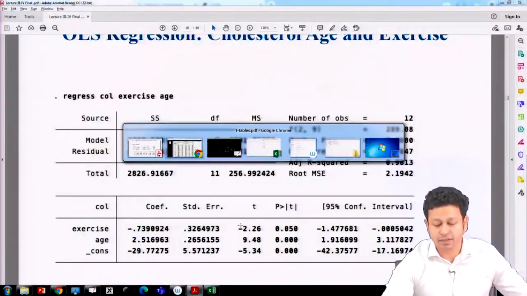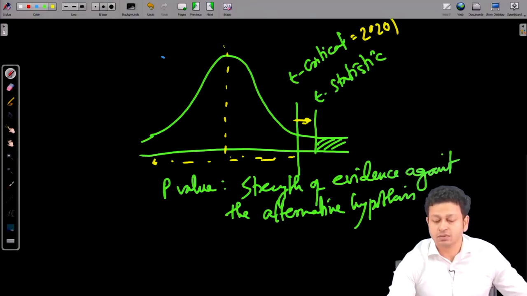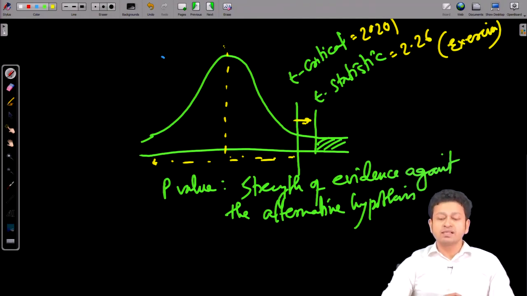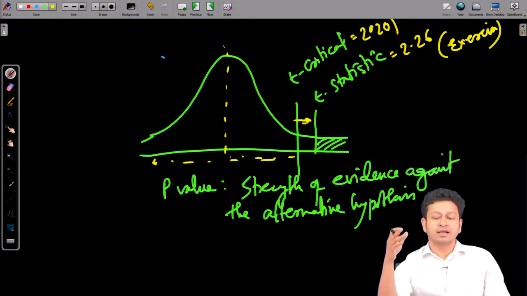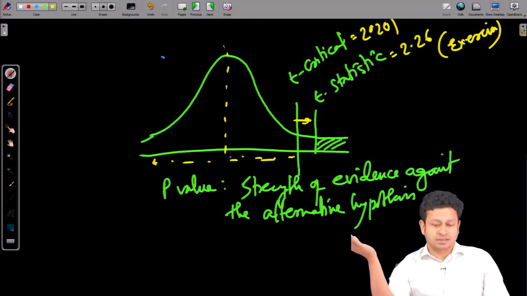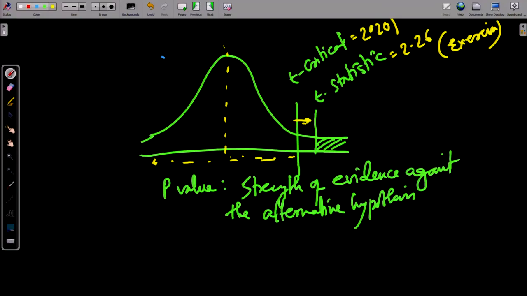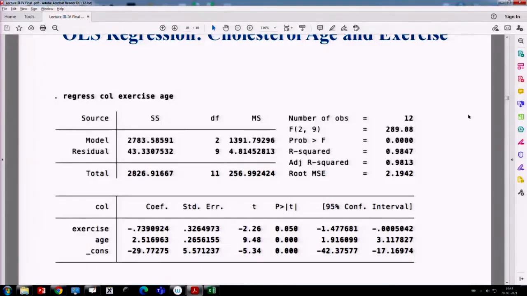So it is falling somewhat to the right of the t critical, and the moment it does, I will reject my null hypothesis. And how do you get the p-value? Here you see the p-value is 0.05.